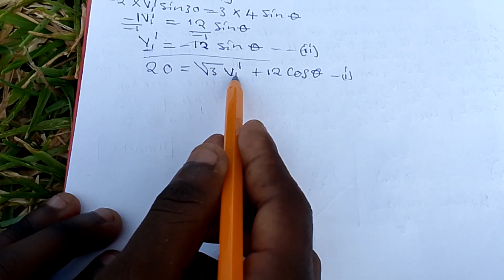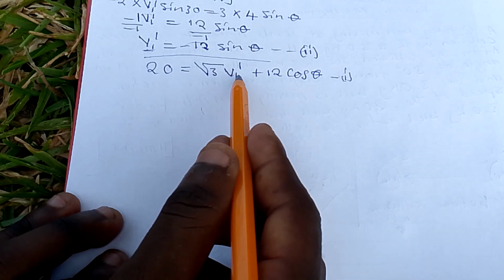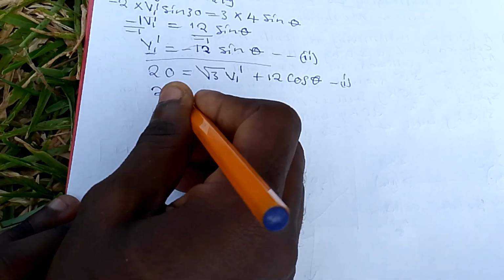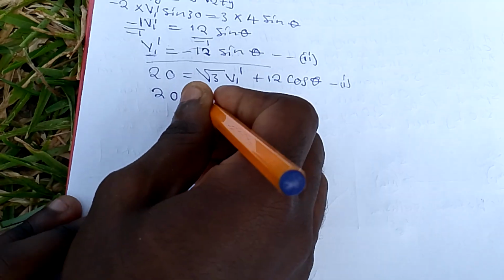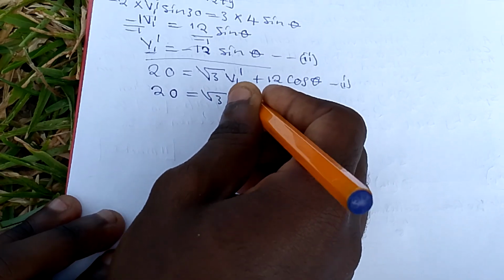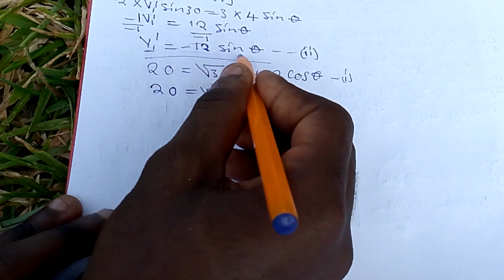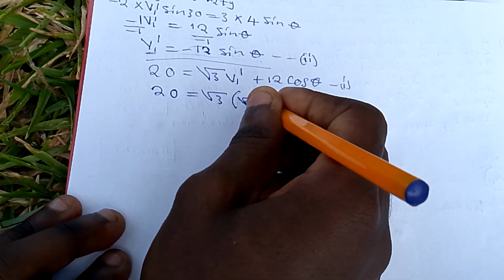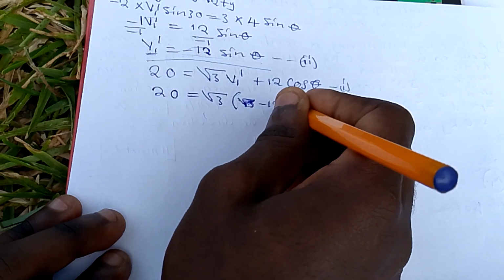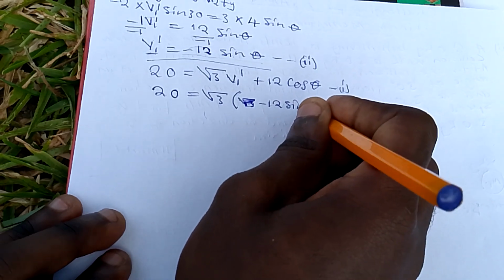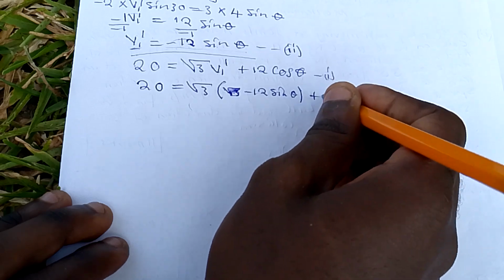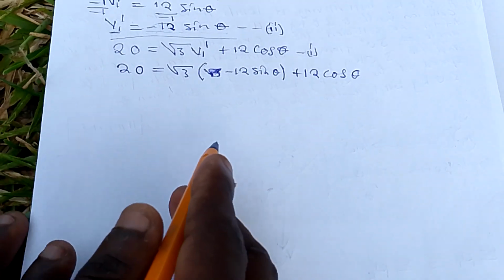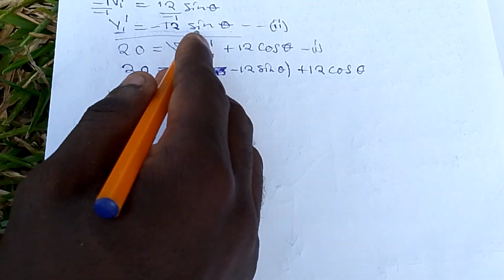We are going to replace V1 prime with negative 12 sine theta. So we have our new equation, 20 equals to square root of 3 times V1 prime, but V1 prime is this. So it's going to give us the square root of 3 times negative 12 sine theta plus 12 cos theta. Hope I'm doing it correctly.